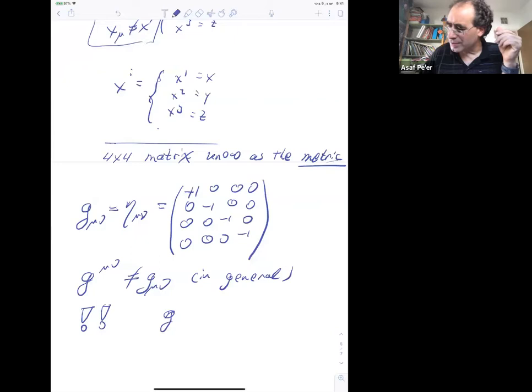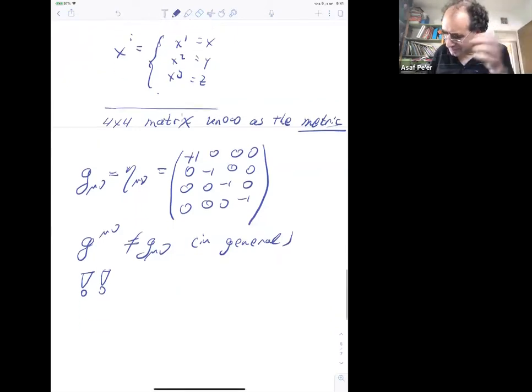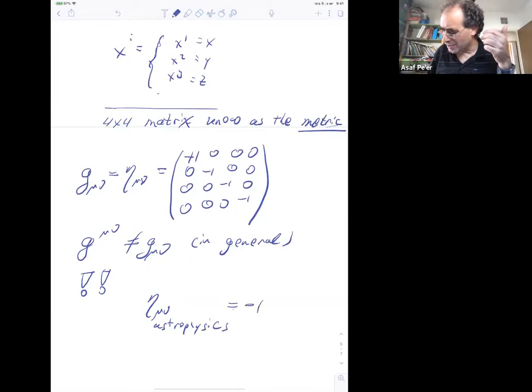G or not G? I cannot write G. It's against my belief. It's eta mu nu astrophysics is -1 times eta mu nu particle physics.